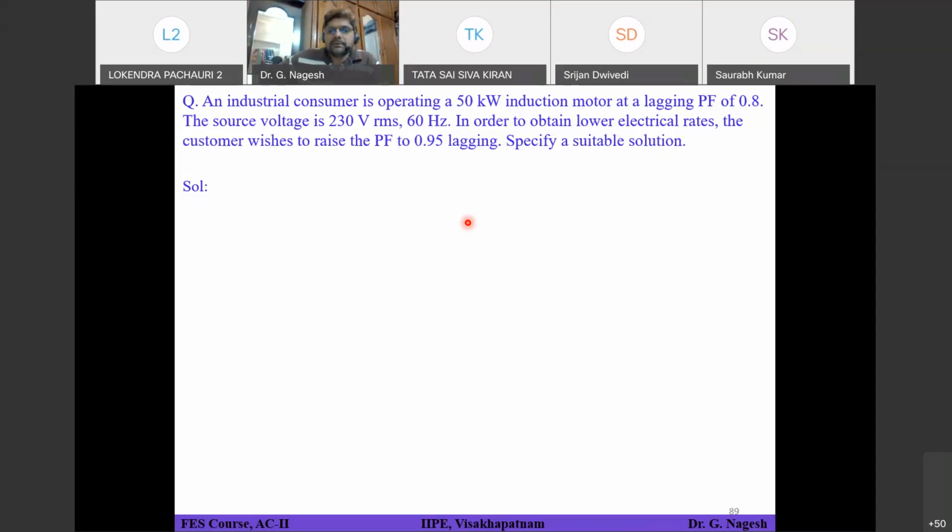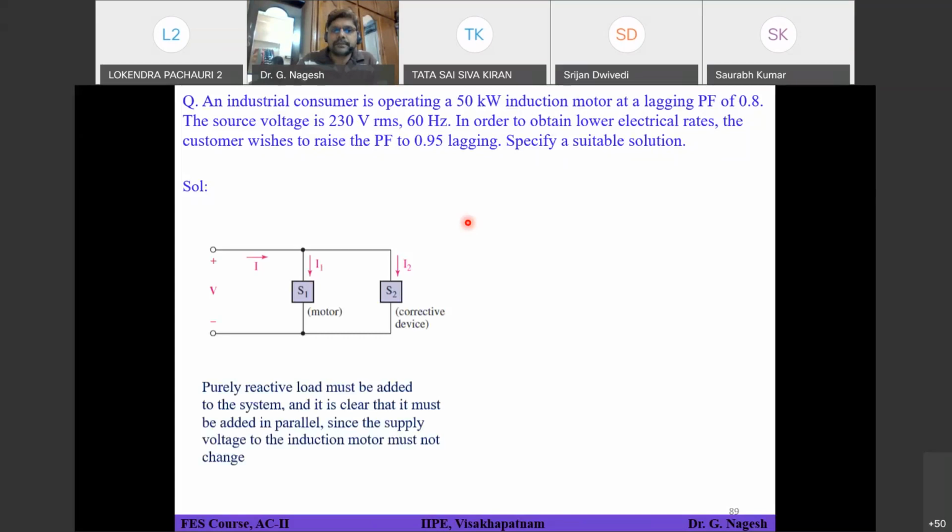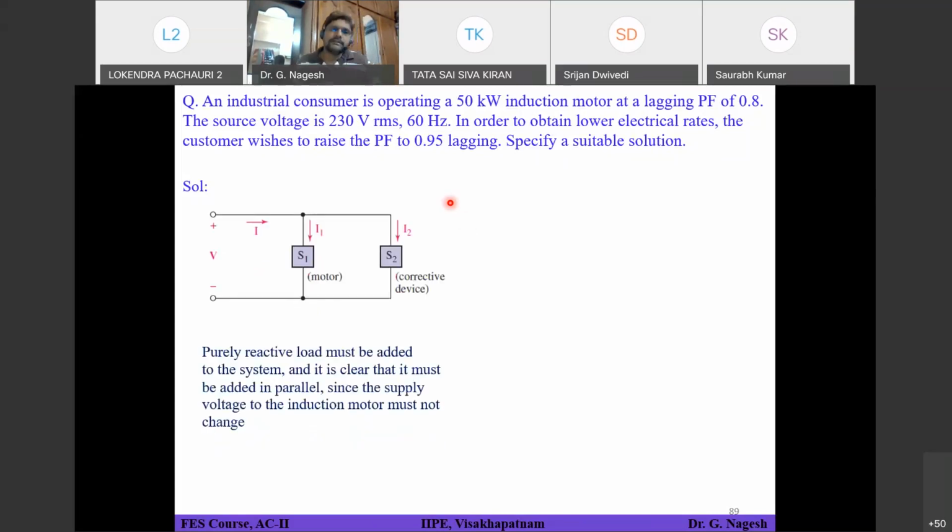You know the real power, which is P1, which is 50 kilowatts. So now you have to find out Q. In the triangle, you know the angle and you know this side. If you use the tan formula, you will get it. So tan theta is equal to what? Opposite by adjacent. 4 upon 3. Right, so we will go through that.